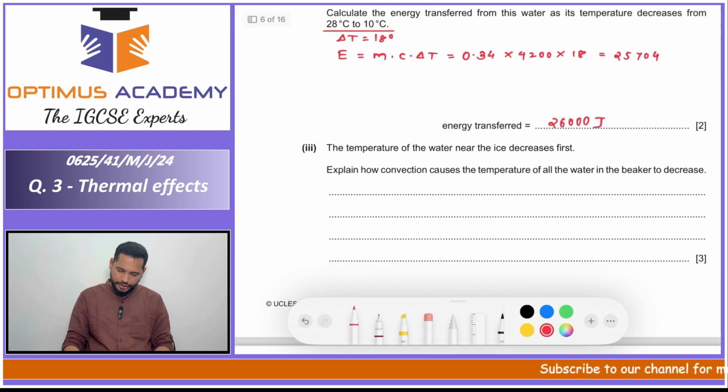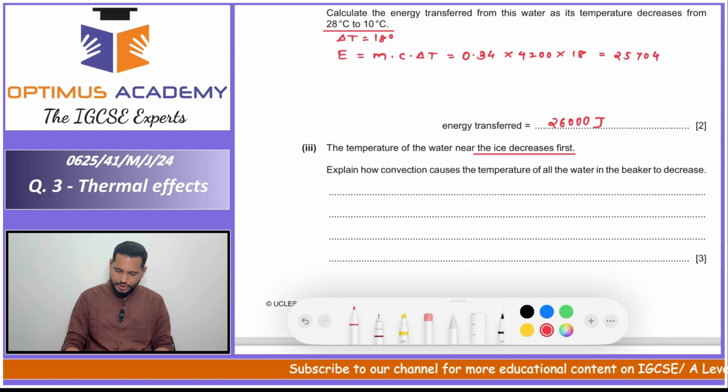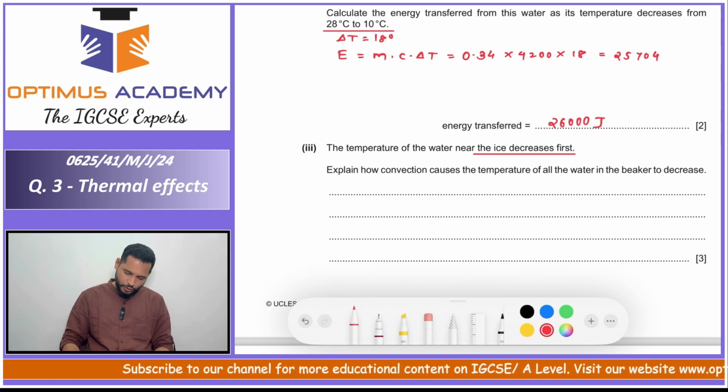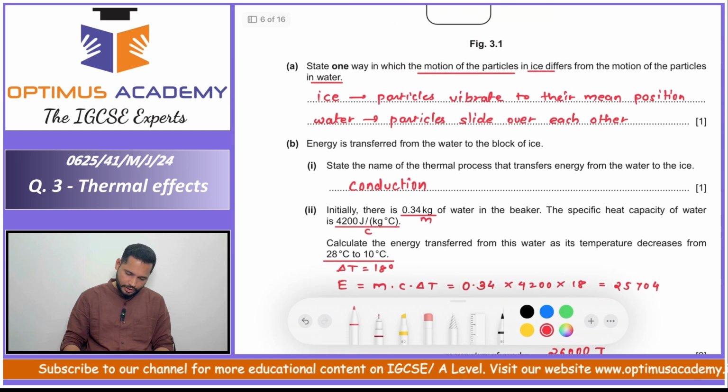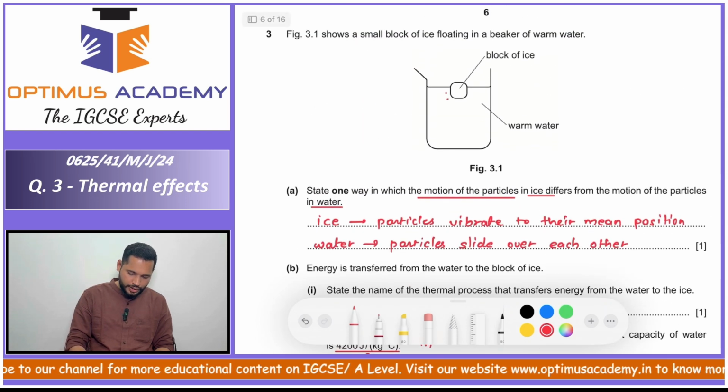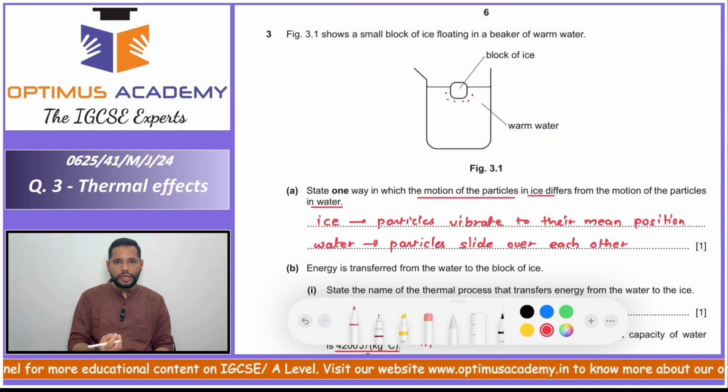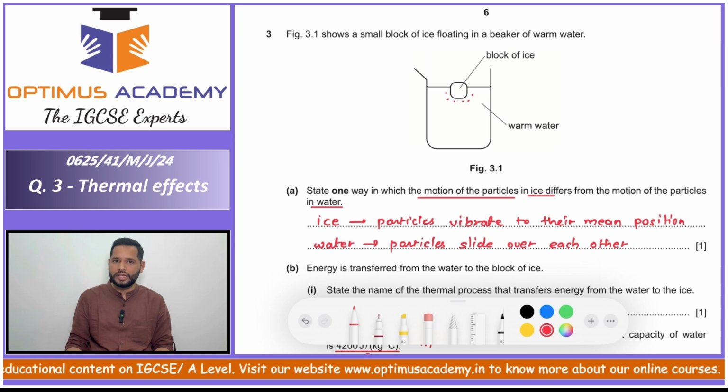Next question: the temperature of the water near the ice decreases first. Explain how convection causes the temperature of all the water in the beaker to decrease. We will go back to the diagram. You can see that the water near the ice is cooling down. What will happen if the temperature decreases?